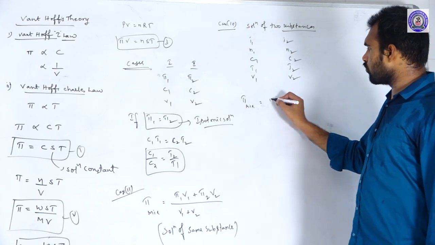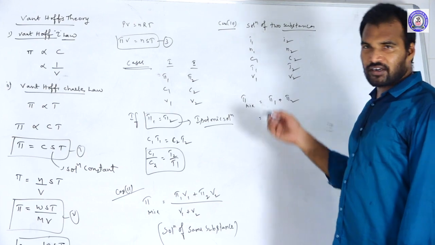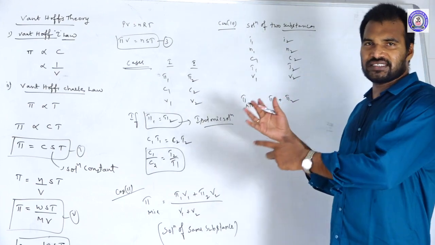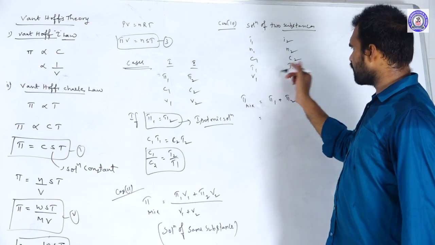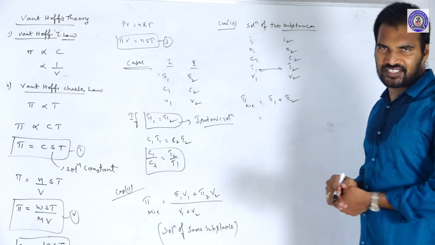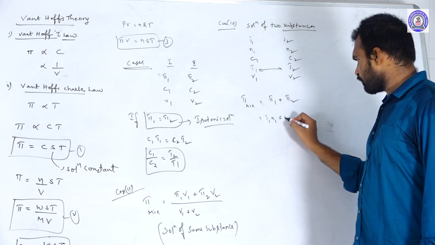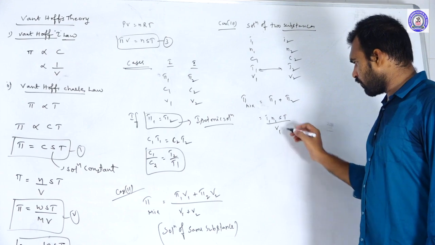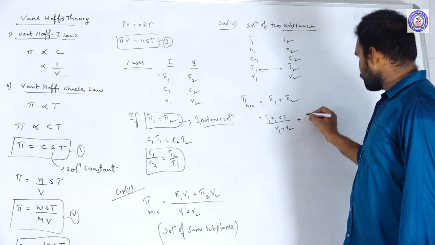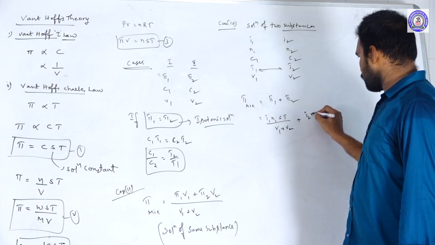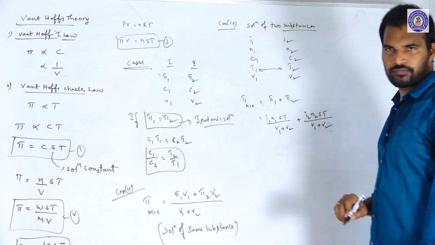When you mix these two solutions, what is the osmotic pressure of the resultant mixture? π is equal to π1 plus π2. What is the formula for π1? π1 is equal to i1n1ST1 divided by V1. If you substitute that and maintain the same temperature, then what will happen? i1n1ST by V1 plus V2, plus i2n2ST by V1 plus V2.